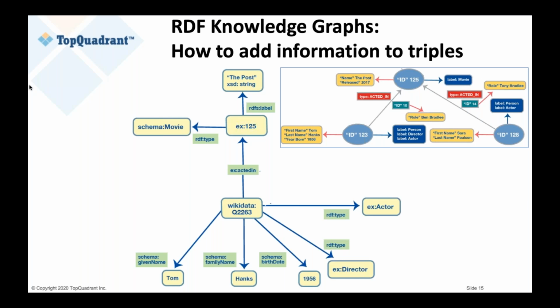The edges, the relationships themselves, have an identity that's being reused. So here we have acted in, and if we bring in Sarah Paulson, she'll be connected to this movie using the same predicate or edge called acted in. So the link itself does not uniquely represent the three parts of the sentence in the RDF world.